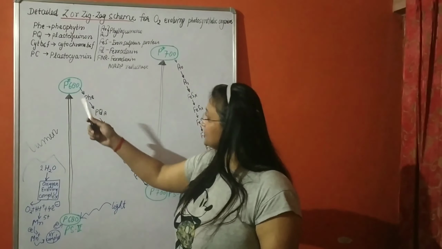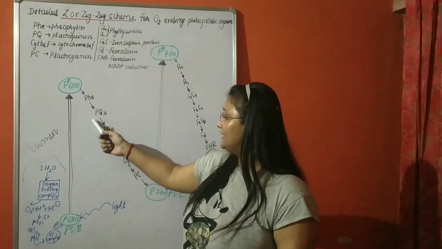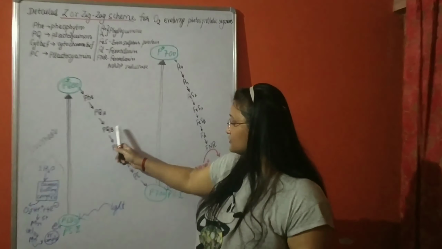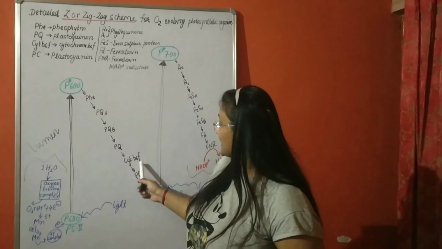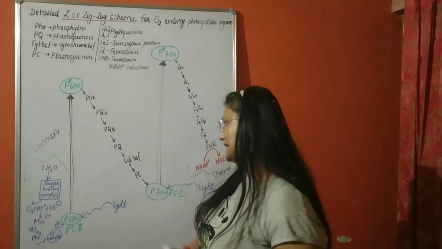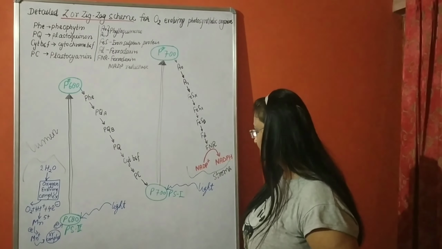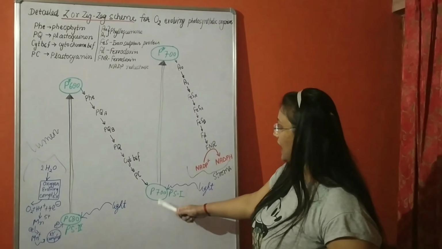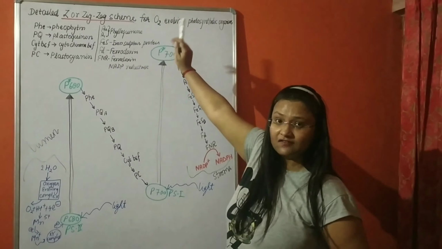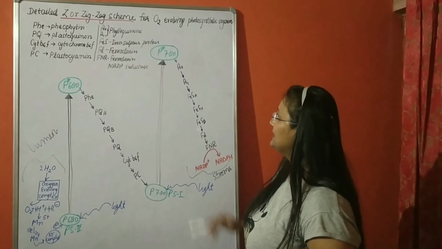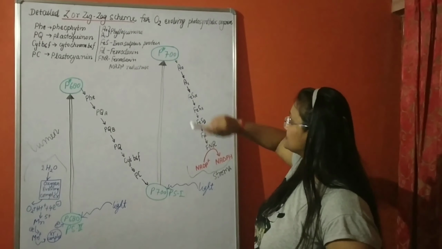Now the electron captured by P680 gets transferred to pheophytin, then to plastoquinone A, plastoquinone B, then plastoquinone, then cytochrome b6f, then plastocyanin. Then finally the electron reaches photosystem I. After getting the electron, photosystem I also gets energized and reaches a higher energy state.